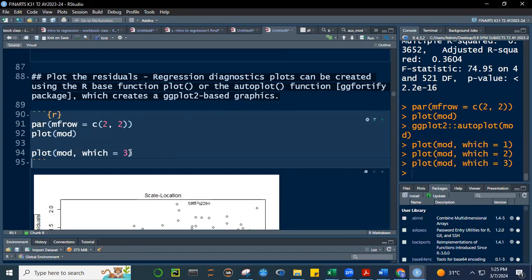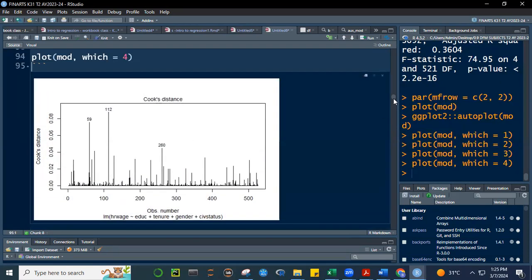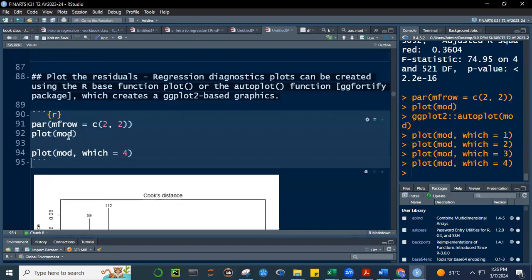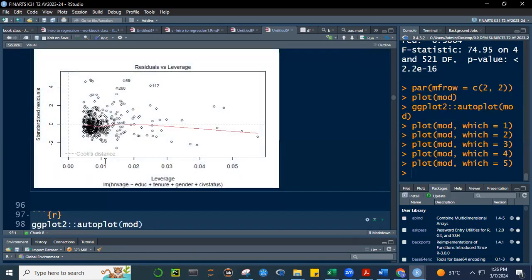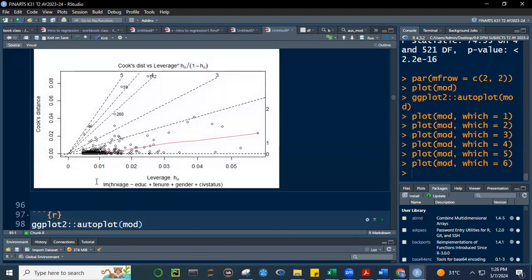And then the fourth one is not shown in the function here, plot mod. What's shown is 1, 2, 3, and then 5, which is the residuals versus leverage. Let's see if there's still another one, 6. Yes, there's a 6.